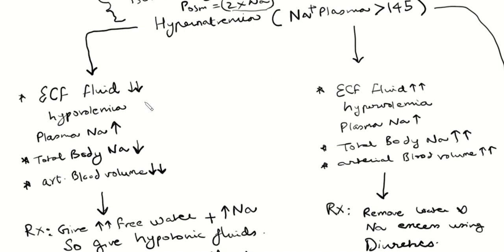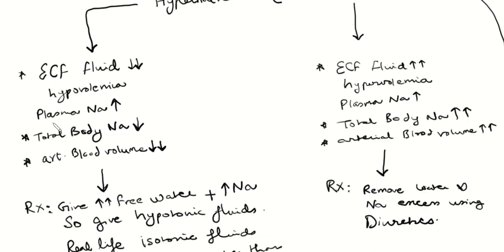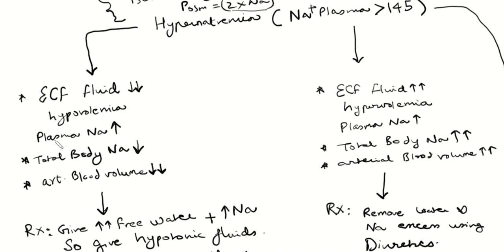If a patient is hypovolemic and their sodium is high, their total body sodium is going to be on the normal to lower side. So if it is too little fluid, I'm going to replace it. If it's too little sodium, I'm going to replace it.